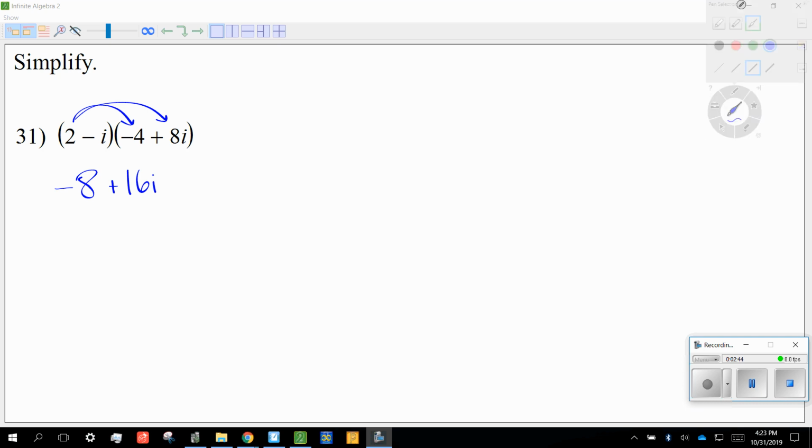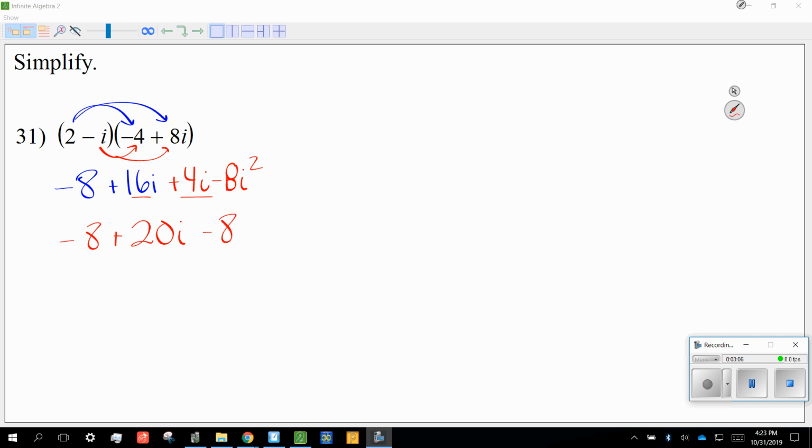Then we need to multiply the other term in the first binomial. -i times -4, and we get 4i. And -i times 8i is -8i squared. So now we can combine some like terms. 16 plus 4 is 20i. And then what's i squared?